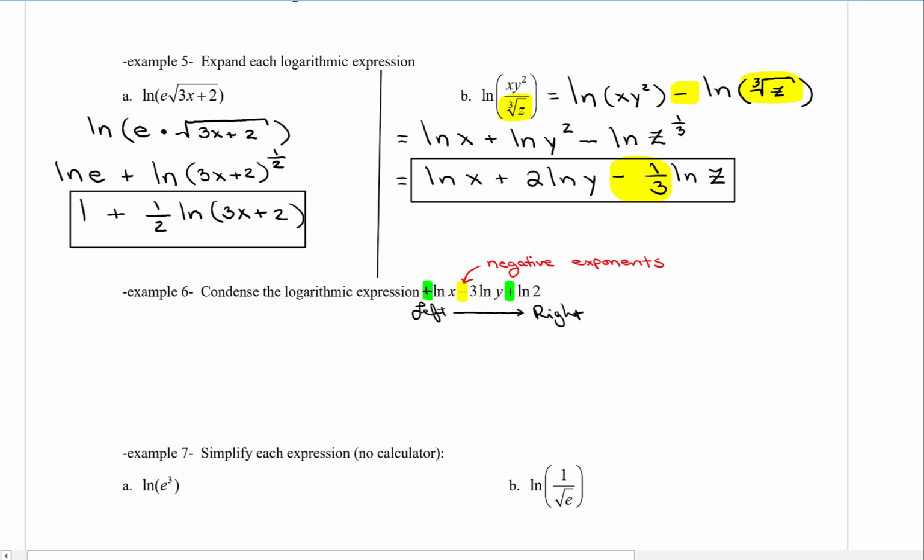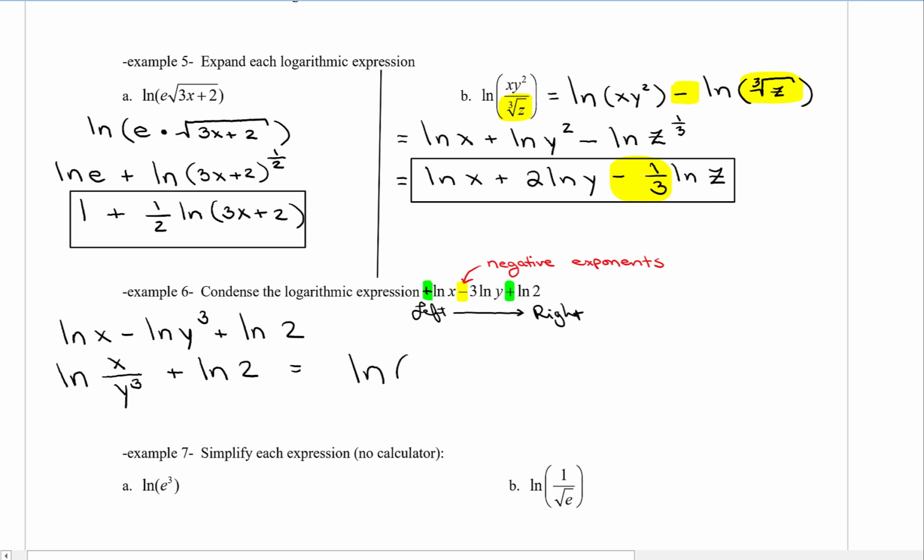So for my next line here, I'm just going to go ahead and rewrite this as the natural log of x minus natural log of y raised to the third power, and then plus the natural log of 2. Notice I did not put the negative exponent in because I want to apply the properties we had just mentioned earlier. So I'm going to write this as the natural log of x divided by y cubed, and then plus the natural log of 2.